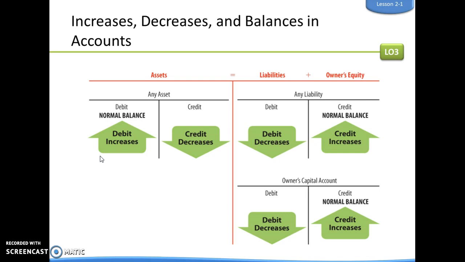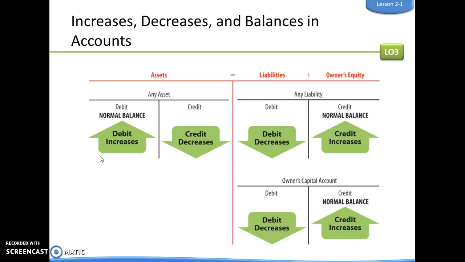No, you don't have to. I don't think so. But I do want you to add where it increases, where it decreases, and which side is the normal balance. You have to know that. I want you to put debit and credit. That should be the very first thing. You don't have to put debit increases. You could put a plus or a minus. I don't care.